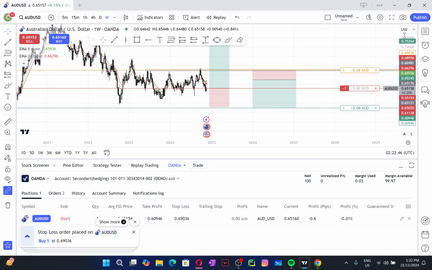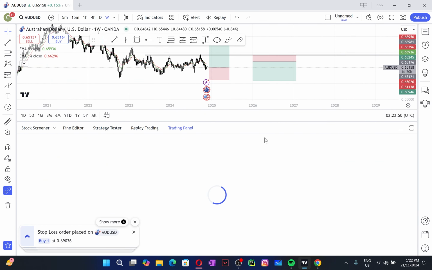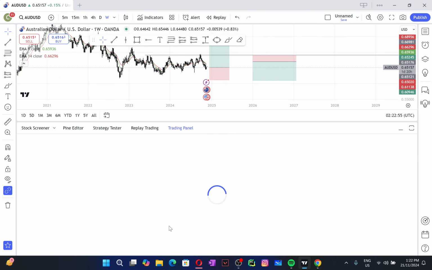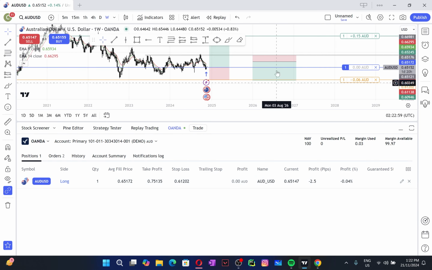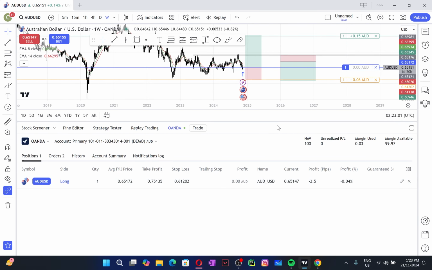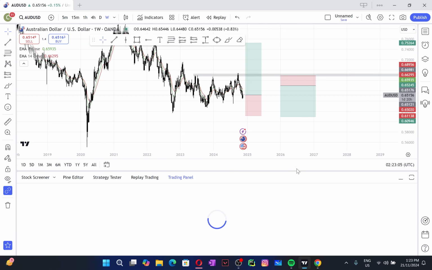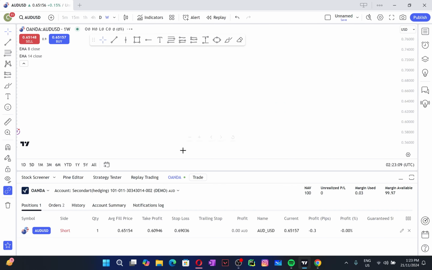So what we have here is essentially two trades running. In the first account, I have a long trade, a long position, and in the other account I have another trade which is short. All right, so that's pretty great.